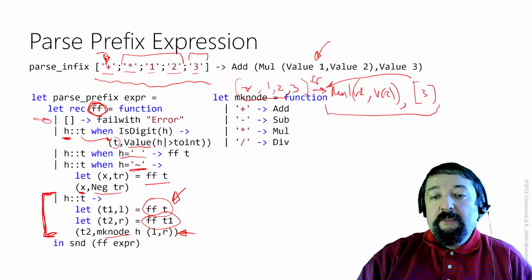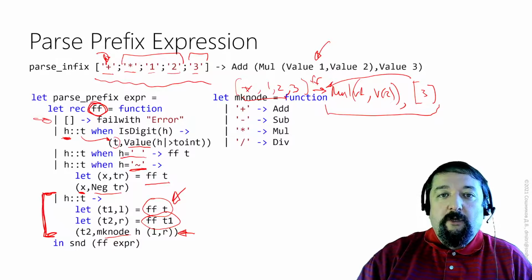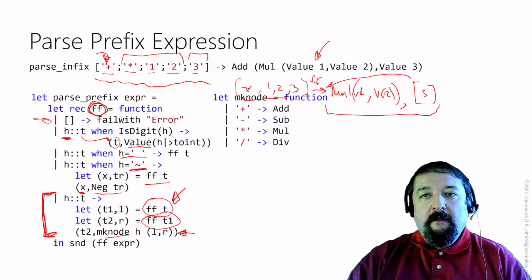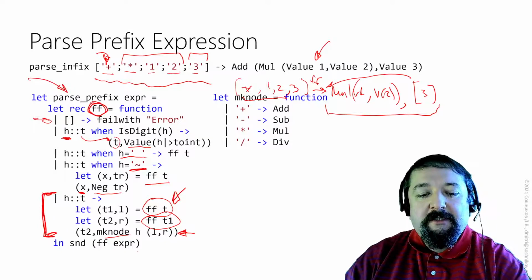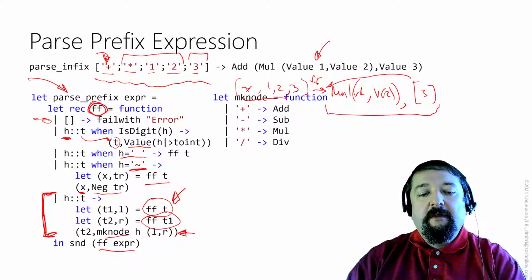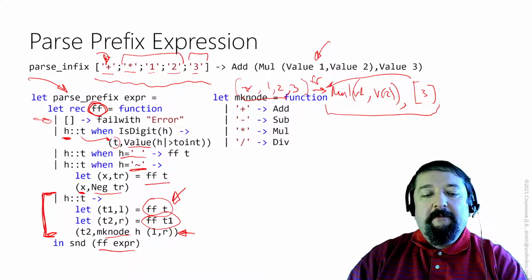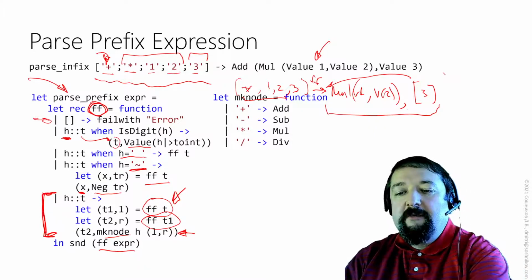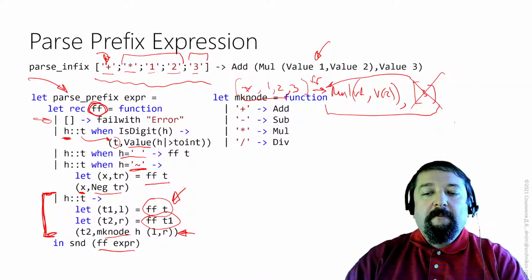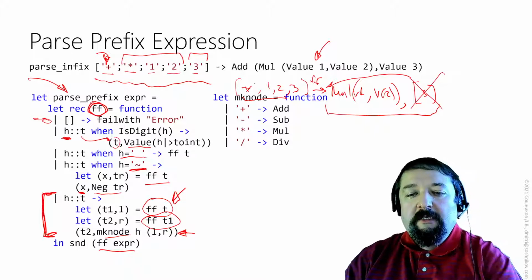So that's how this recursive descent parsing works, and that's a really useful technique to build simple parsers. Finally, the original function parse prefix just returns the second part of the ff function. So assuming that the parsing has taken place correctly, we just need to omit this remaining portion of the list and return only the sub-expression.